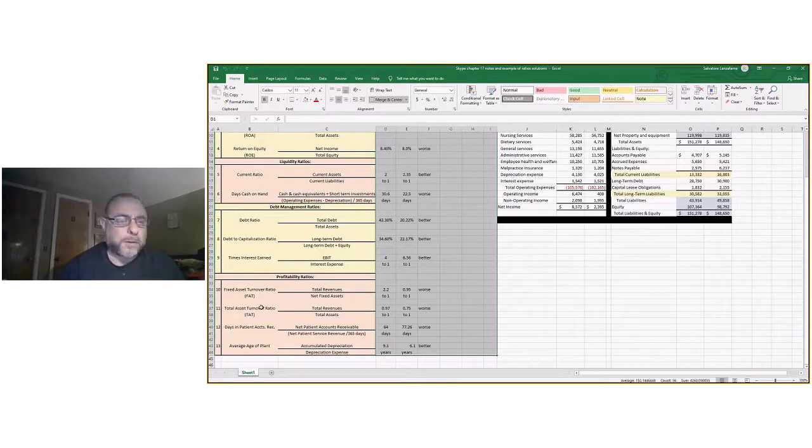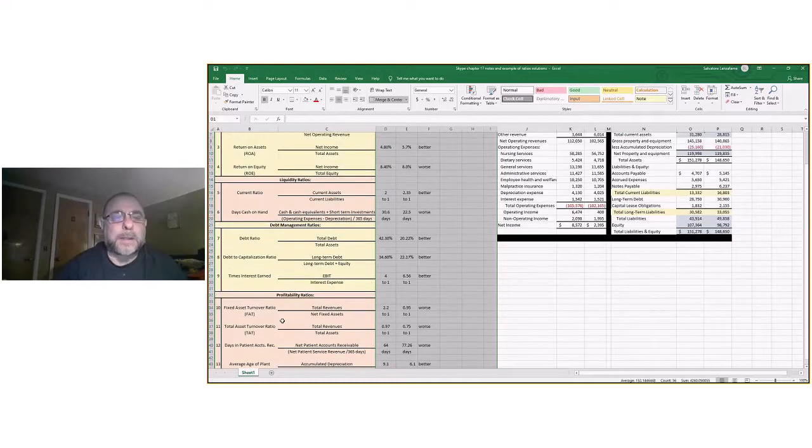Inventory turnover is another one, just to name one, but that's not in our chapter or our book. Days in patient accounts receivables, and then average age of plant, or average age of our equipment or depreciable assets. So those are the 13 ratios you're responsible for.